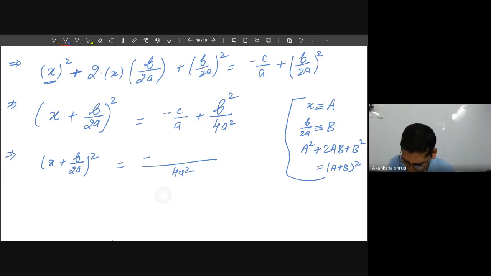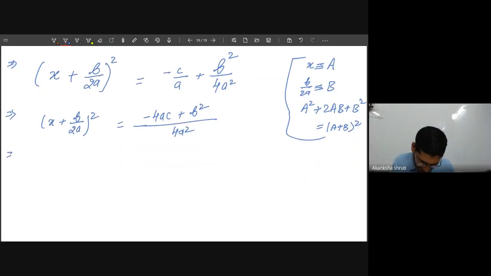So it becomes minus 4a into c. The other term itself is 4a square, so it will simply be b square. Student, it is better to write the positive term first. So b square can be written first and minus 4ac we will write next.